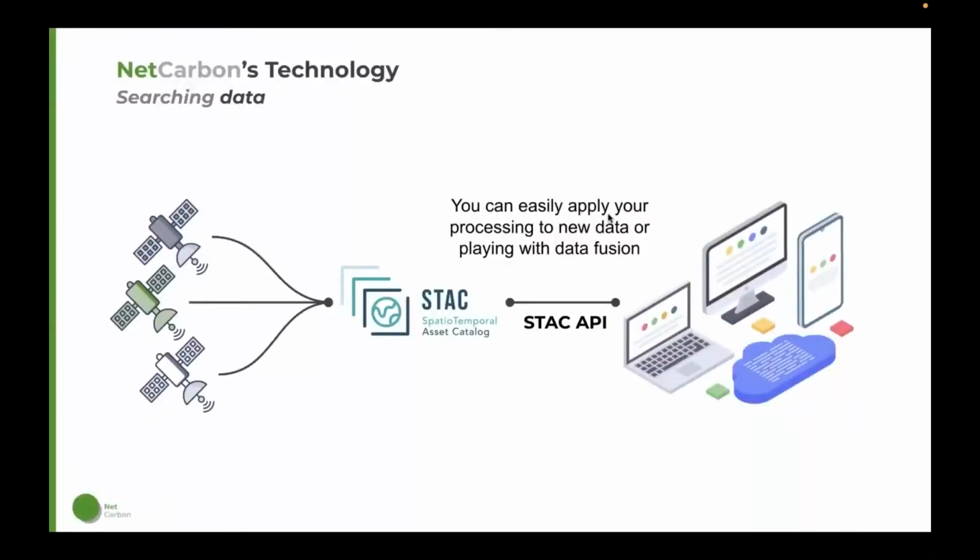As I said, this is exactly the main topic here: to be able to connect different types of satellites, so Landsat 8, Sentinel-2, and the Planets, and to use STAC each time, because based on this, you will be able to do your processing by your own without the need to change everything on your backend side.